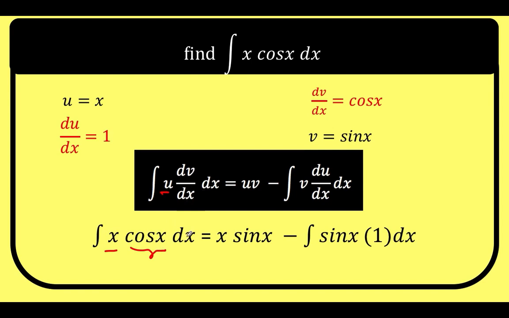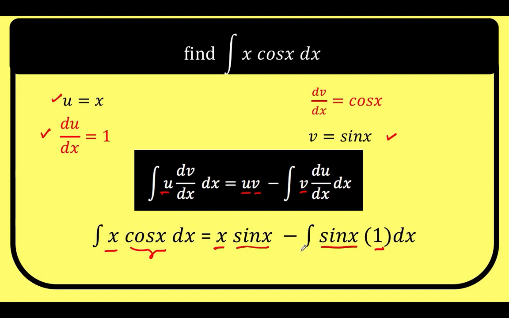We copy this dx. Then u is again equal to x, and v is equal to sine of x. Copy the minus sign. Copy the integral symbol. Then v is equal to sine of x again. du/dx is equal to 1. And we copy dx. So it's just a straight substitution.